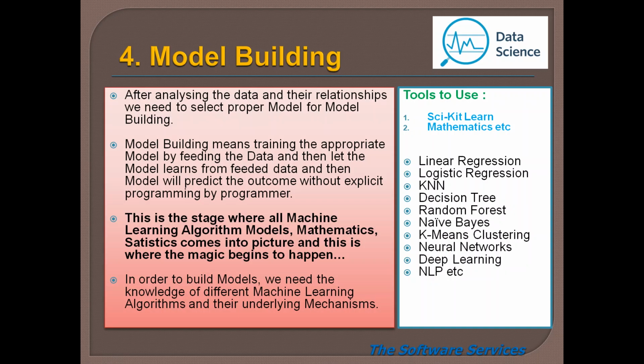We need to analyze the data columns and the relationships with each other, and which columns are most suitable for us to build a model. Those columns we have to select for model building, and also which model to select based on the data and the business requirement, that also you have to sort out.